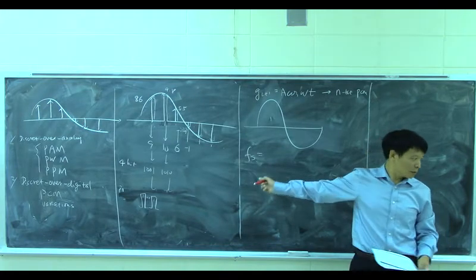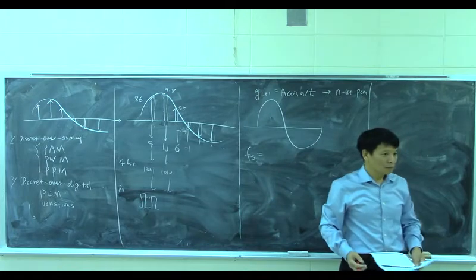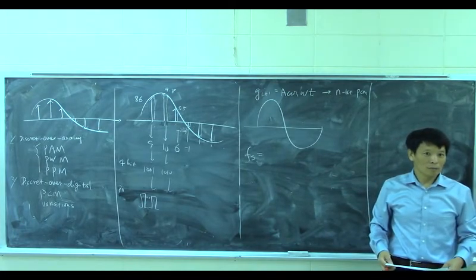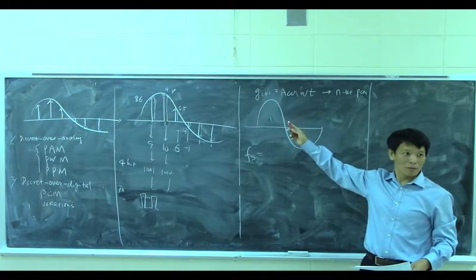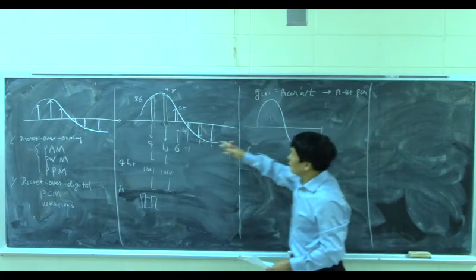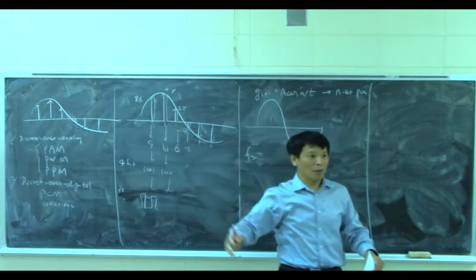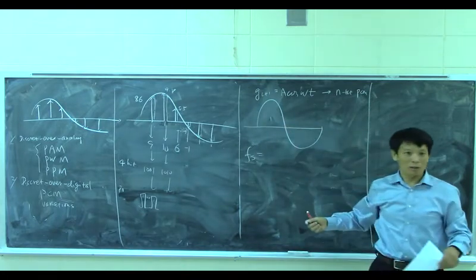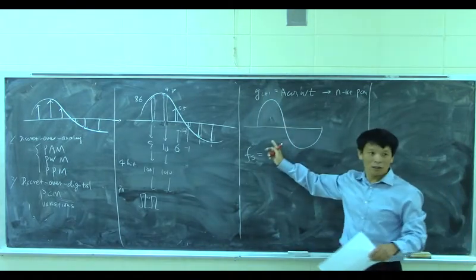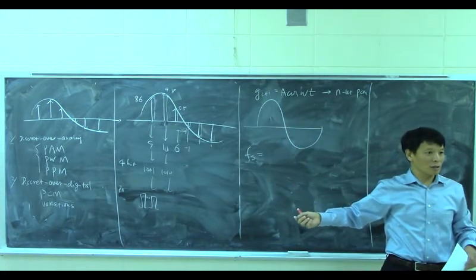I give you an analog signal, a cosine omega t. You want to get discrete values, and later from these discrete values you reconstruct the original analog signal. The question is how fast you should sample this analog signal.